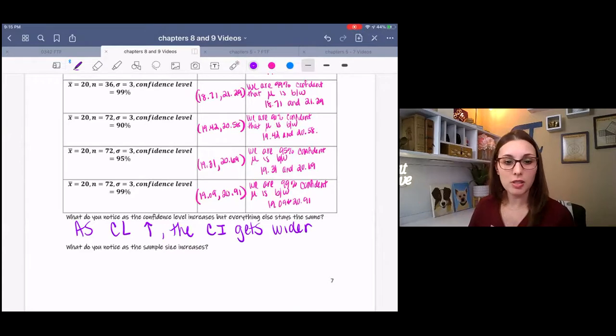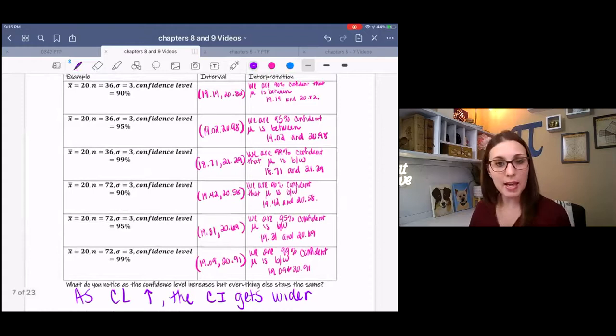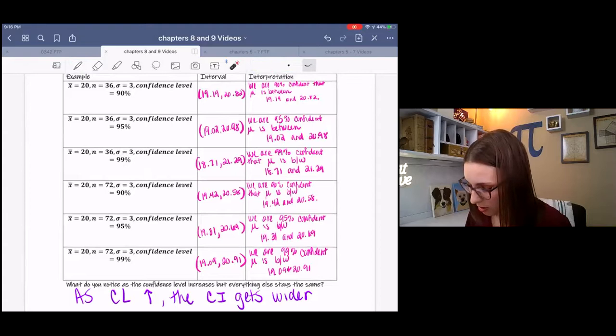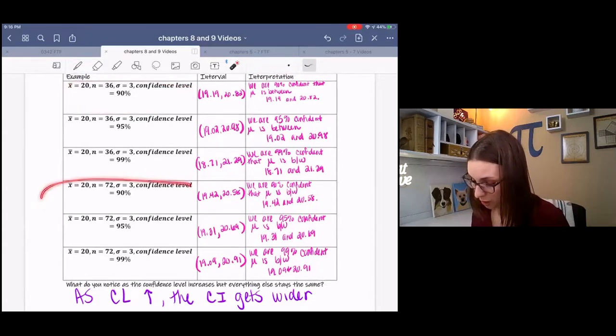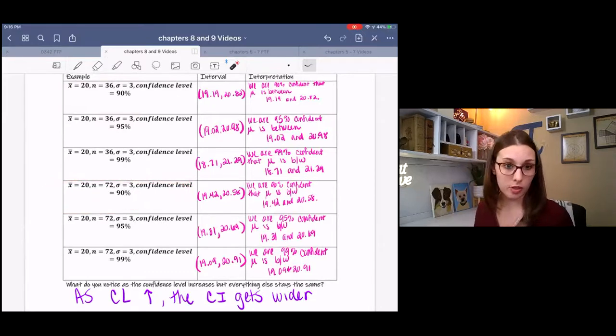And then what do you notice as the sample size increases? Now go through and look at the same confidence levels, but with different sample sizes. So the first box and then down the 4th box: sample size 36, confidence level 90, sample size 72, confidence level 90.